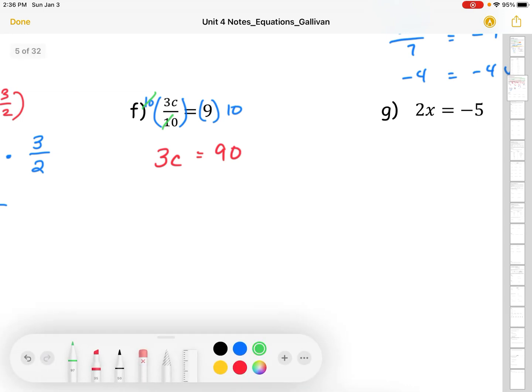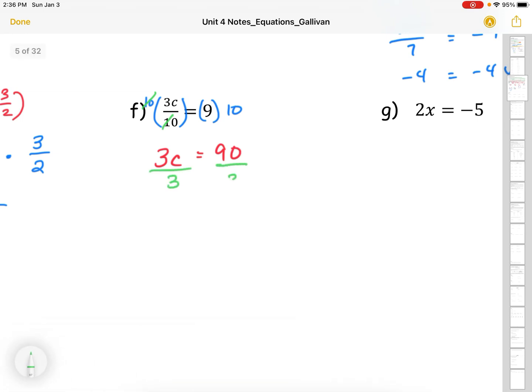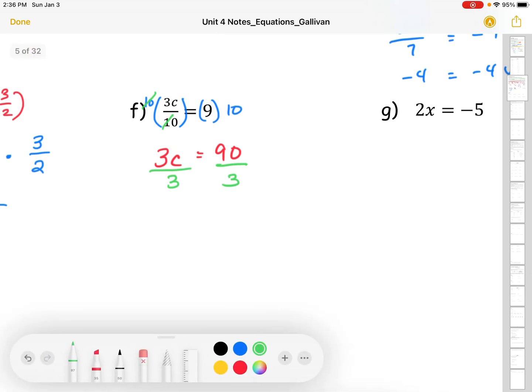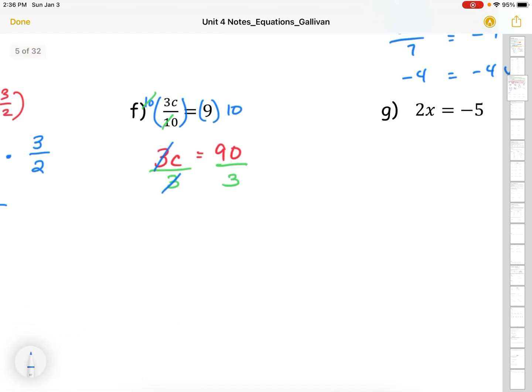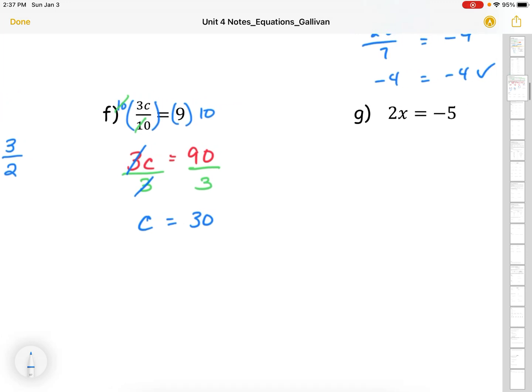Now I'm going to divide both sides by 3. So you can do it in 2 steps. That's what I'm saying to you. It still will work. The 3s will divide out, and I'll get c is equal to 90 divided by 3, which is 30. And again, put it in, see if it works. I think you will find that it will.